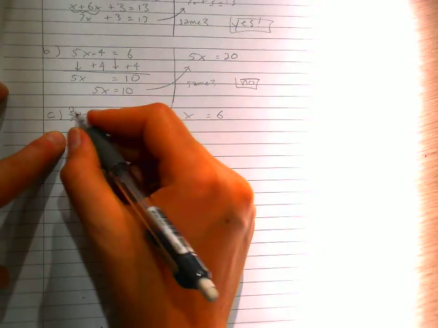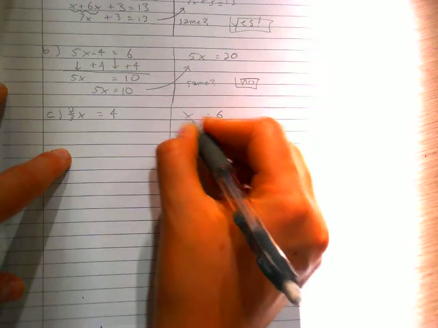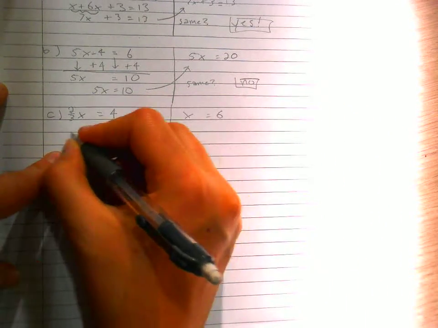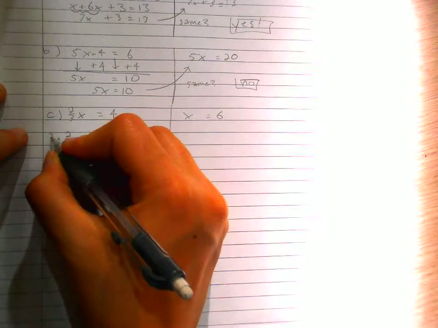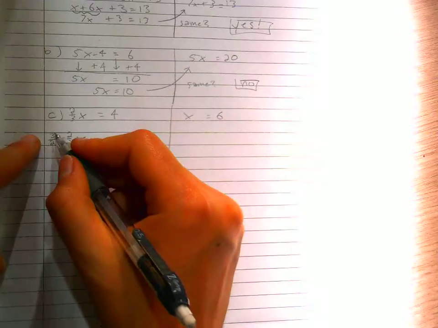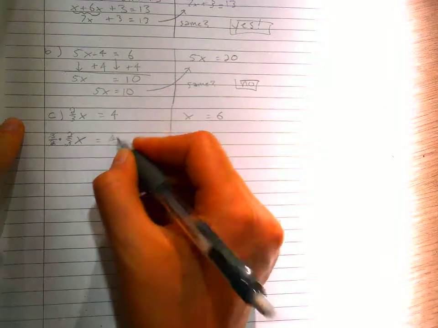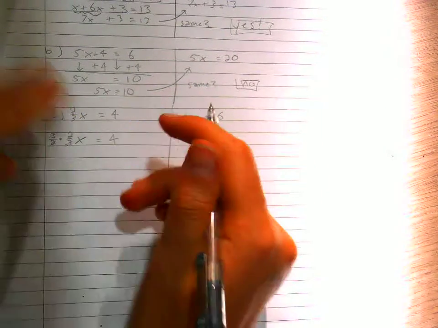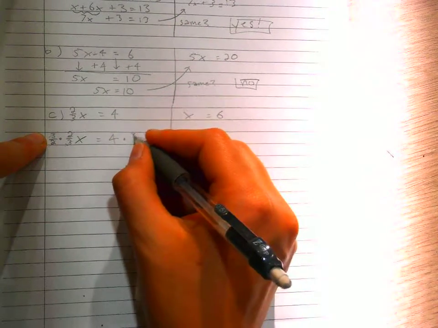So a way we can do that, because we only want x, is we could say 2/3 x times 3/2, because we multiply times the opposite fraction, the 3 and the 3 will cancel, the 2 and the 2 will cancel. Now if I only do that to one side, it becomes unbalanced. So I need to do it to the other side. I multiplied by 3/2. This side needs to be multiplied by 3/2.